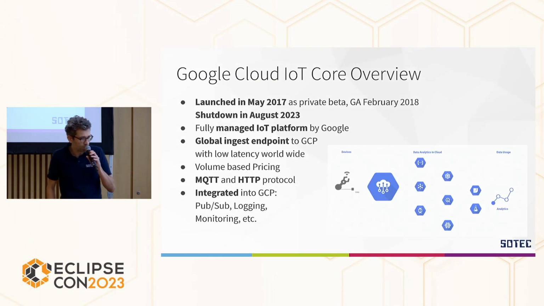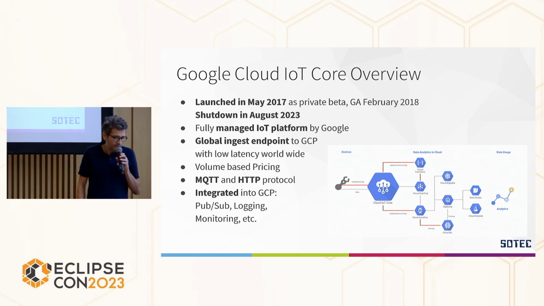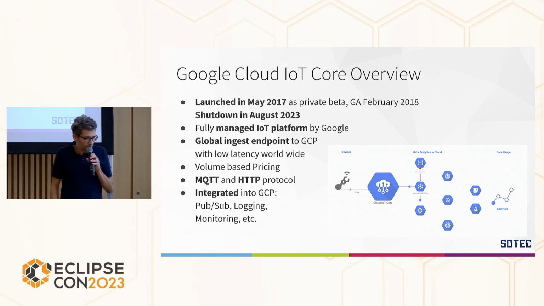And one of those services was Google Cloud IoT Core. It was launched in May 2017 as a private beta and got GA in February 2018. And it was finally shut down this year in August. It was a fully managed IoT platform by Google, and it was Google's global ingest endpoint for IoT devices to GCP.